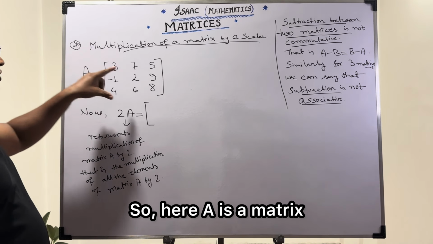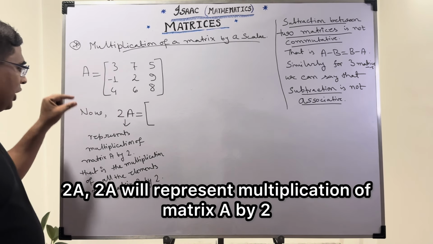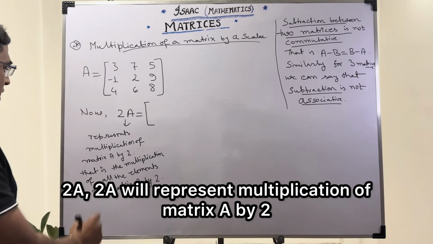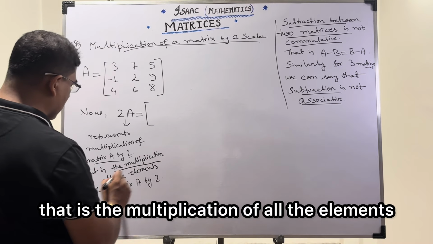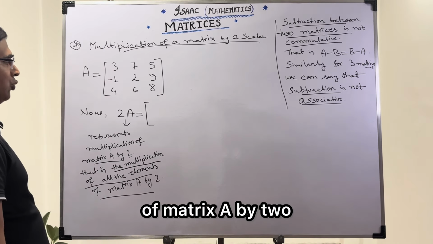So here A is a matrix. Now 2A will represent multiplication of matrix A by 2, that is the multiplication of all the elements of matrix A by 2. Okay.